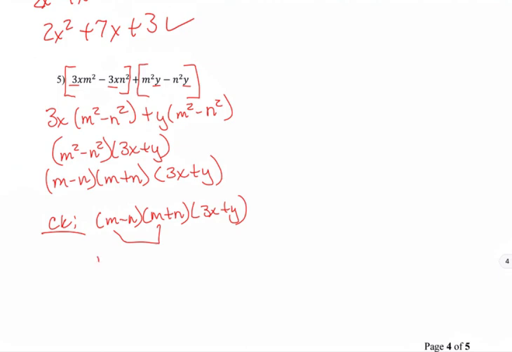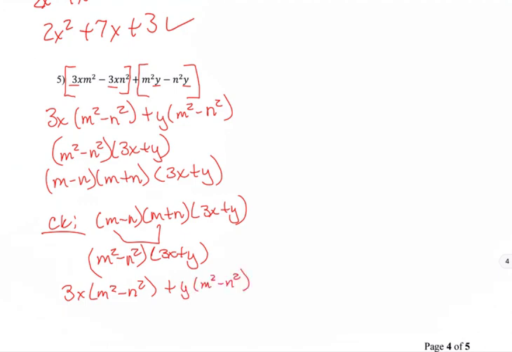I multiply the first two, and I have m squared minus n squared, and I multiply that times 3x plus y, and so I have 3x times m squared minus n squared plus y times m squared minus n squared, and I'm left with 3x m squared minus 3x n squared plus y m squared minus y n squared. And I'm good.